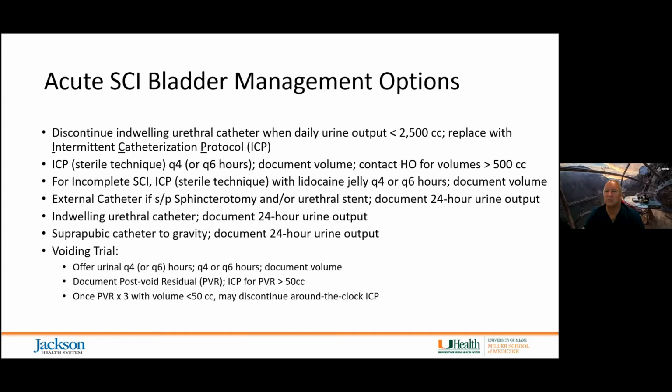So once our bladder volumes are less than 2,500 cc's or less than 2,000 cc's, then we can replace the indwelling catheter with an intermittent catheterization protocol, and thereby reduce the risk of catheter-associated urinary tract infections. ICP should include sterile technique in the hospital every 4 or 6 hours, documenting the volume, and then contacting the house officer for volumes greater than 500 cc's.